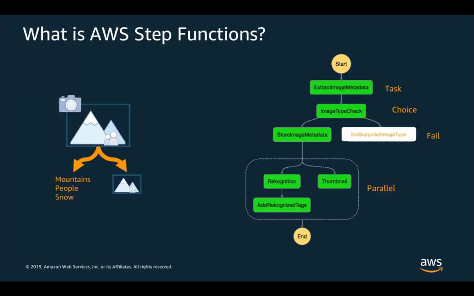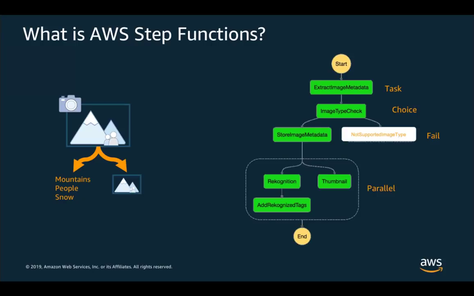That is a supported format. If it's not, then we're failing, and maybe notifying failure to another application, or send an email. Why not? If the image has the right type, then we move on to another function who will actually call Rekognition and generate the thumbnail. And notice we can do those things in parallel.